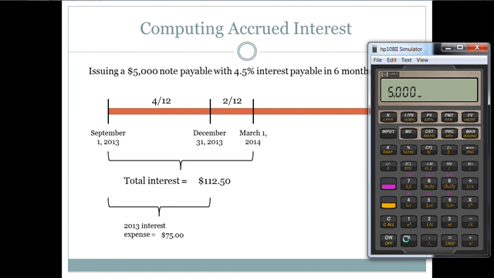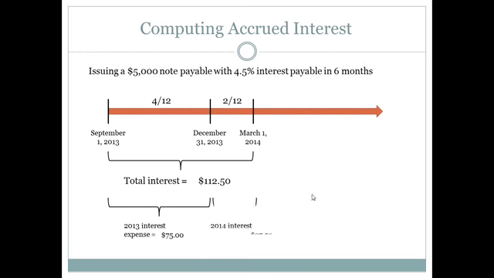So $5,000 times the 4.5% times 4/12, because that's the portion of the year that the note is outstanding in 2013. And that results in $75 of interest expense then being accrued in 2013. That also means then that the remaining $37.50 would be accrued in 2014.